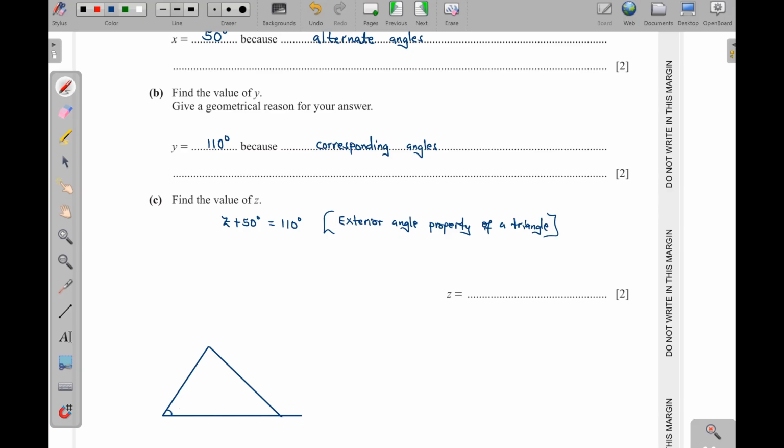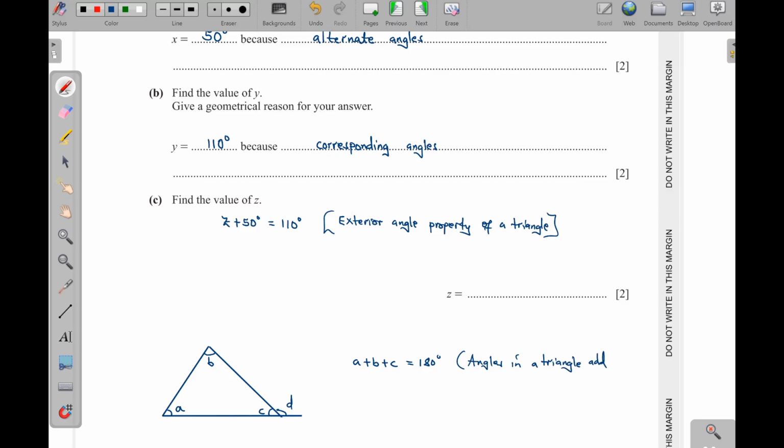Let's say this is A, this is B, this is C, and then this is C, and then this one here is D. Now, first of all, A plus B plus C is equal to 180 degrees, okay? These are angles in a triangle.